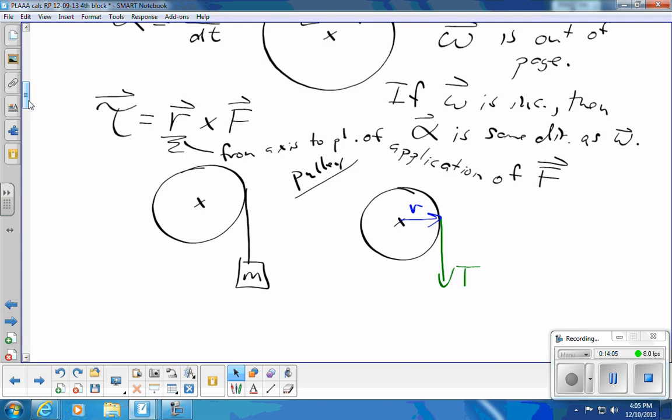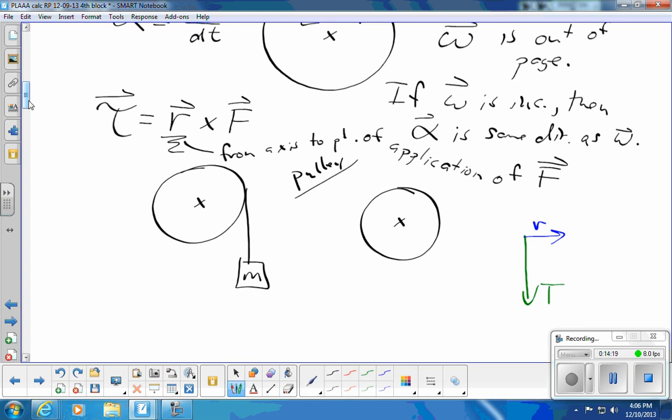The definition of torque then is that it is R cross F, meaning if I take this R and the force, tension, and draw them tail to tail, then the smaller angle between them, which happens to be 90 degrees, that's phi is 90 degrees, allows me to find the direction of the cross product of these two vectors. So I would ask you to try to find the direction of the cross product of R cross T, using the right-hand rule we learned at the beginning of this lesson.